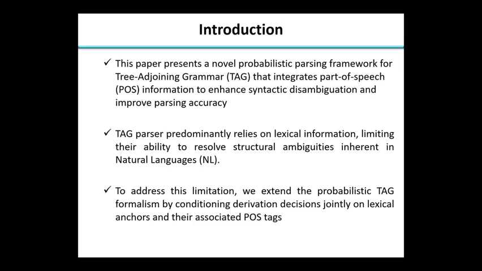Earlier parsers were based on lexical items, and any sentence has different lexical items. But given part of speech tagging for these lexical items, we can use this information during the parsing process.